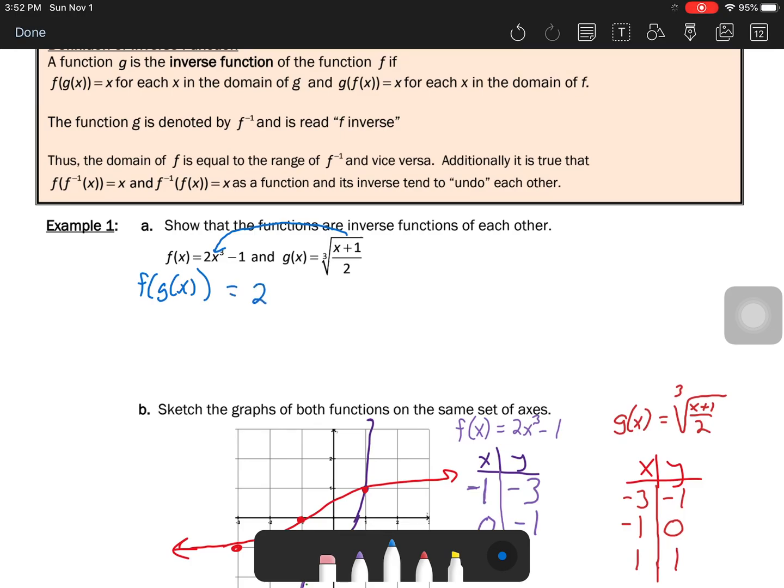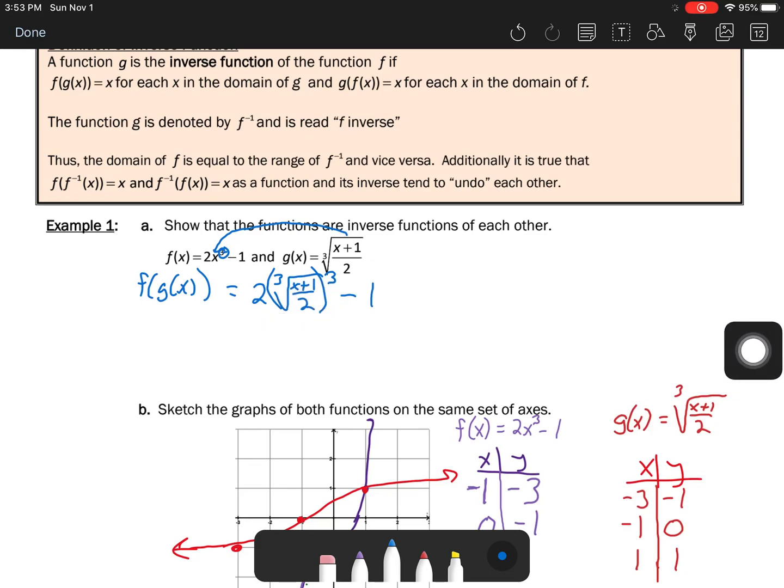So I'll have 2, and then the cube root of (x plus 1) over 2, and that's going to be cubed, because that's what I have right there. So I cube that, and then minus 1. Now as I simplify, things cancel as inverses. I have a cube root and something to the third power; they're inverse functions, so they cancel each other.